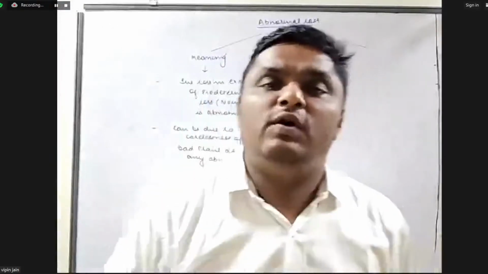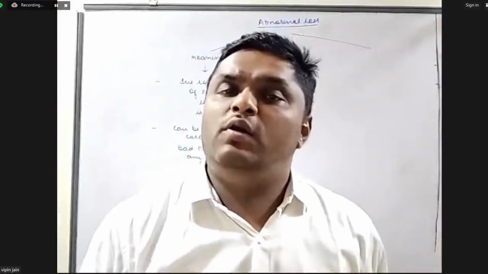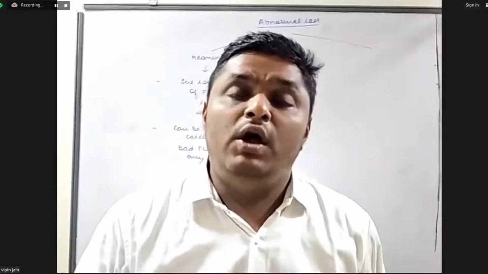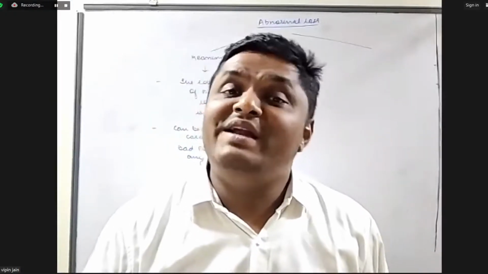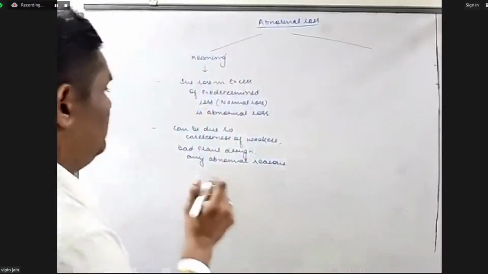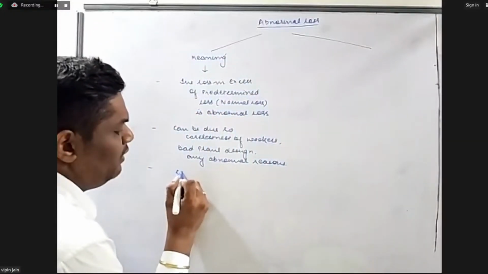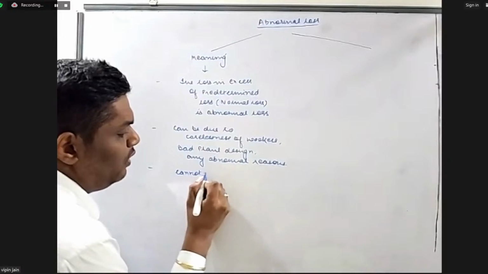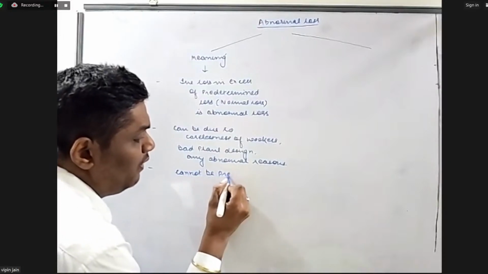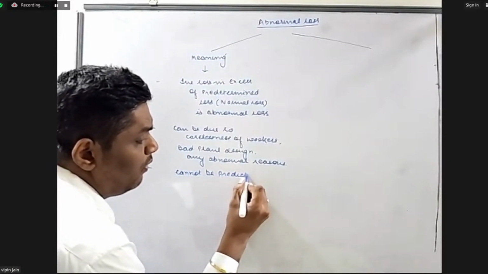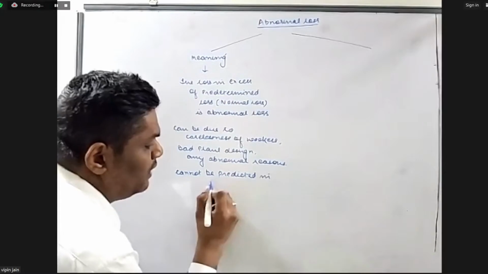It can be either theft or accident or fire, anything. Now, this loss cannot be predicted by management in advance. So we can write one more point: cannot be predicted in advance.